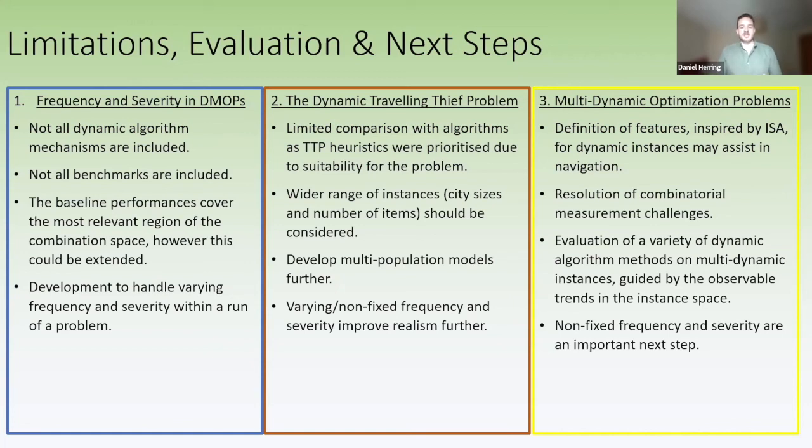This requires generally the development of these techniques for dynamic problems, though. Finally, investigating, if you can believe it, an even more complex case of when the frequency and severity parameters are not fixed, they're noisy or have uncertainty, applies to all three of these topics.